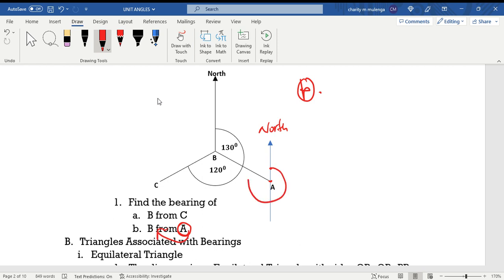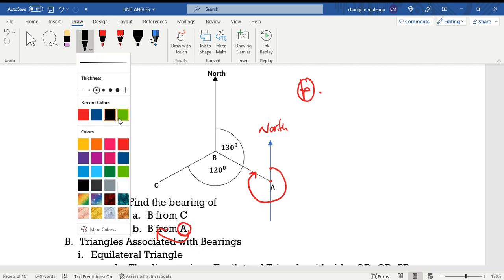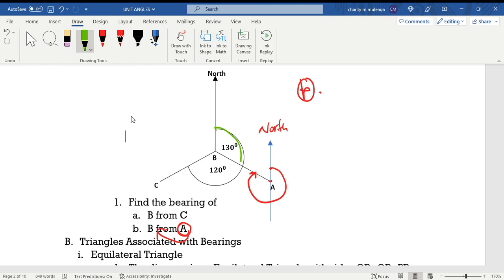So I'll rotate. Using alternating angles, you're going to realize that this angle here and that angle are the same. So if it's 130 there, then it's 130 there. Then because this is a straight line this side, it adds up to 180. So I've just used alternate angles.